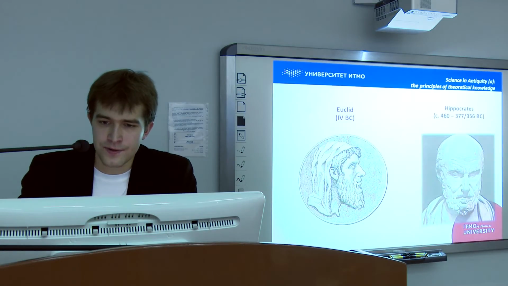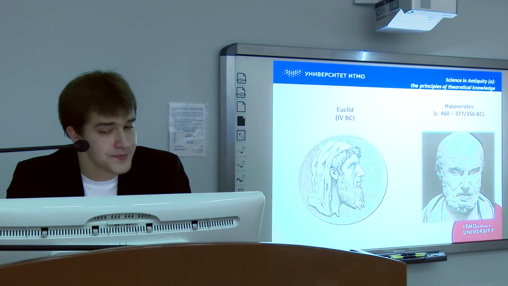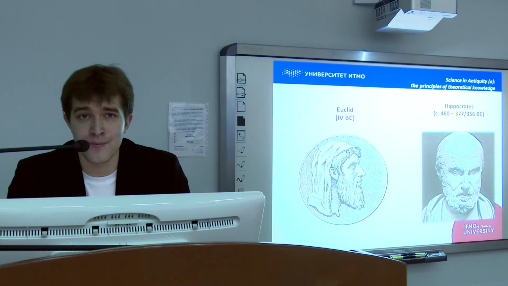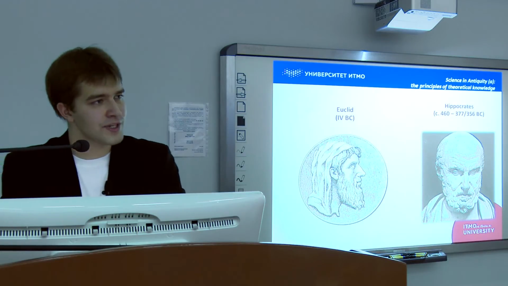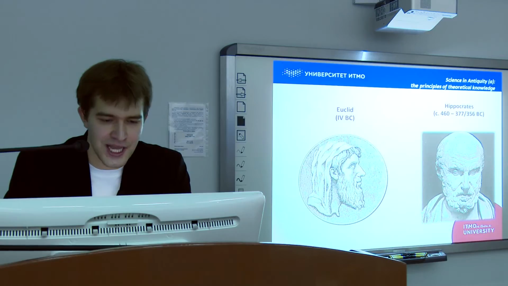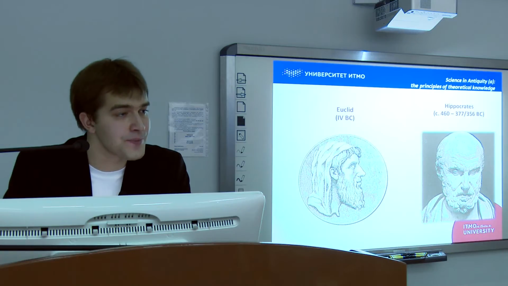And the fourth person whom we have to mention will be Hippocrates. He was the founder of medicine, as we understand this discipline nowadays. And as I have already said, this field of human intellectual and practical activity in ancient Greece was considered to be the strictest.